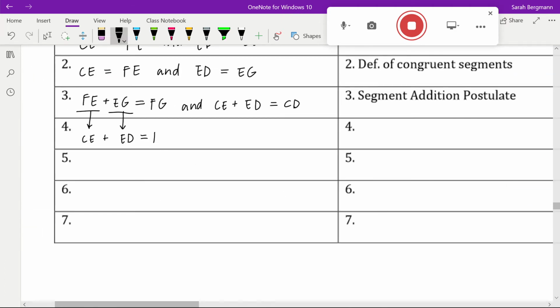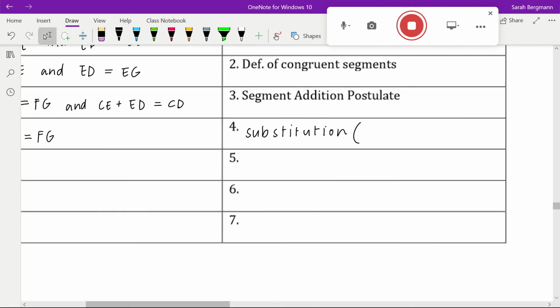Finally, I need to leave equals FG, and I need to have a reason for this. So my reason is called substitution. And you may want to make a note to yourself that you substituted in CE for FE and also ED for EG.